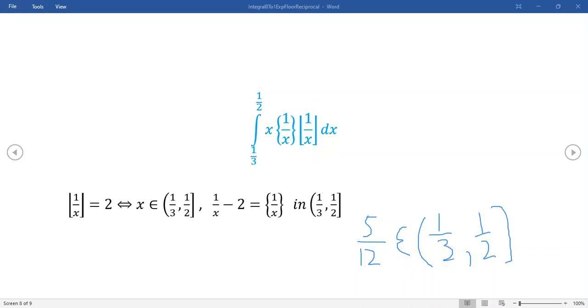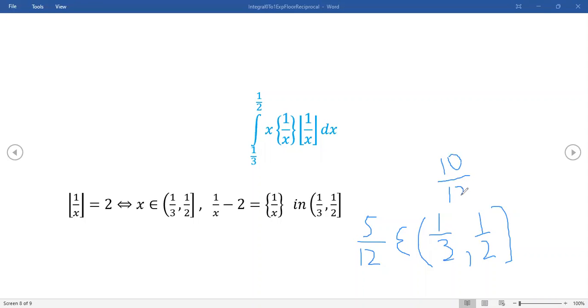Now notice that 1 over 3 is the same as 4/12, right? Then 1 over 2 is the same as 6/12. So if you add these, you get 10 over 12. Remember the midpoint would be just that divided by 2.